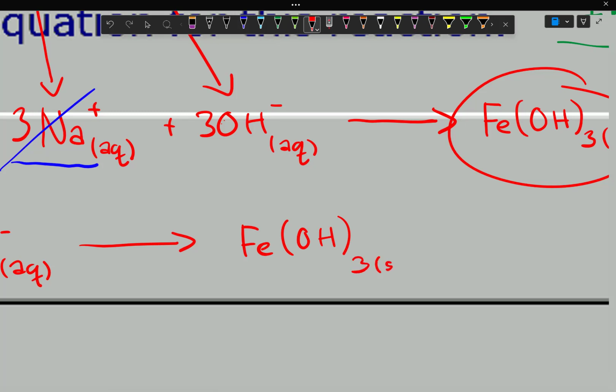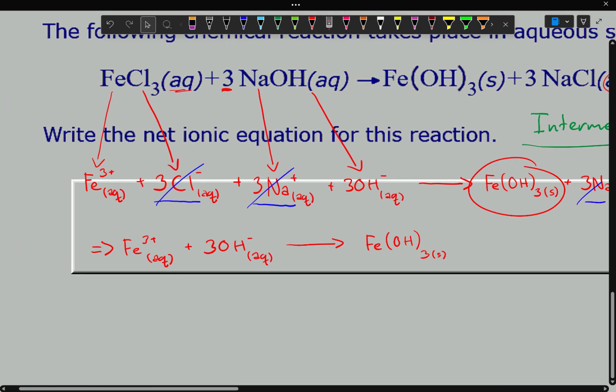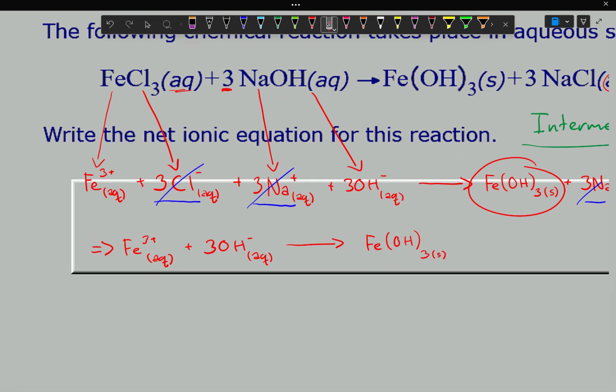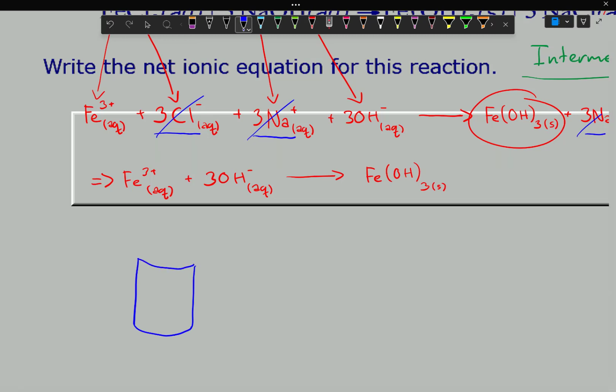We do not write the charges for the solid. It's redundant. It's not necessary because that's not really what we're interested in. Notice the conclusion that we draw from this equation is that in our aqueous solution, remember aqueous typically means it's something dissolved in water. Imagine a container filled with water.